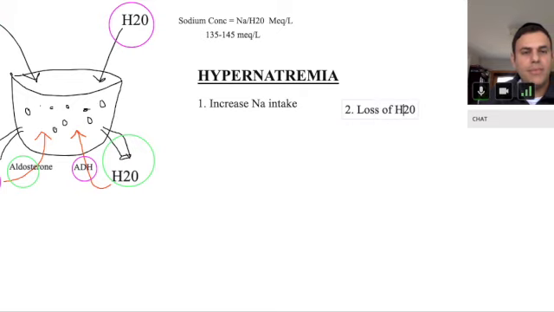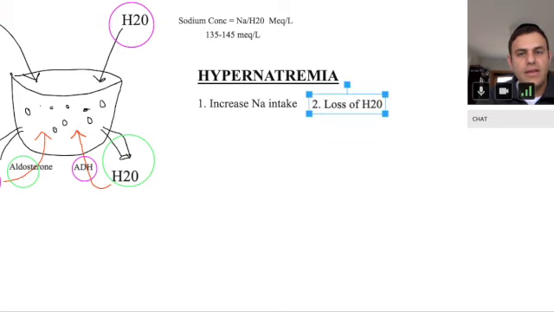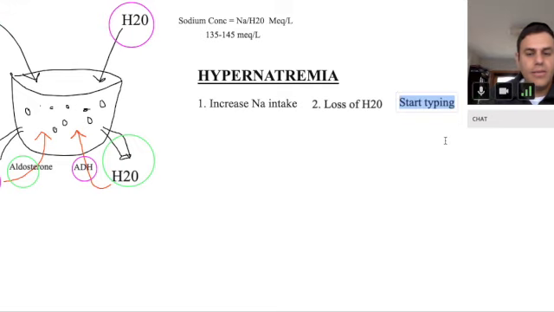And then number 3 is aldosterone, that molecule which says, hey, hold on 1 second, sodium, you're on your way out, but I want you to stick around a little bit longer.